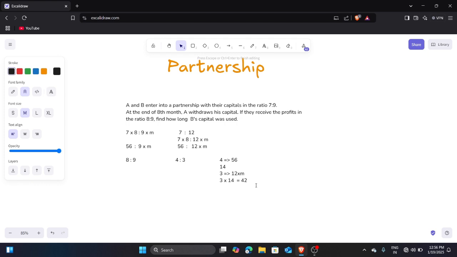So what could that number be? No problem. Then you have to change this number of 56, this number from the 12.